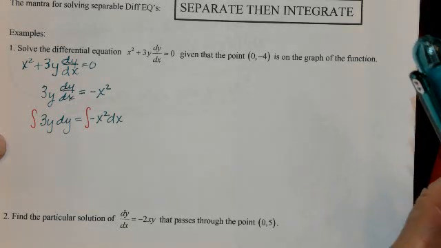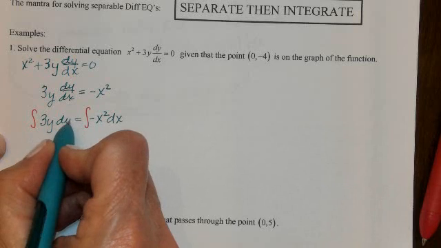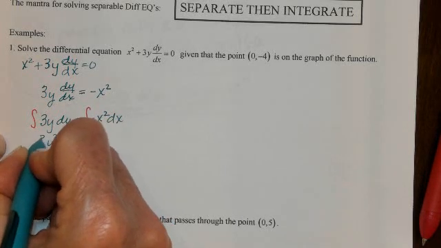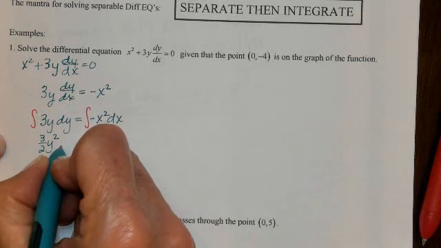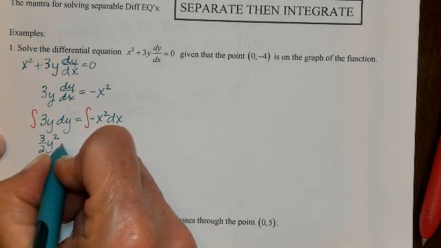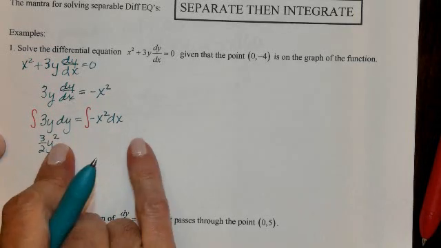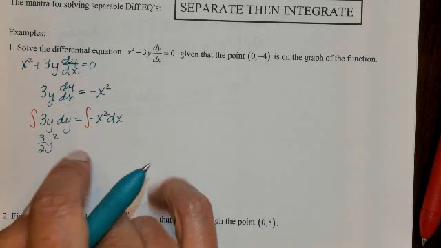Separate, then integrate. All right. What's the integral of 3y dy? Well, that would be y squared times 3 over 2, right? Plus c, do you agree? Plus c. But what I'm going to do is combine this c plus the c I get over here into another constant.